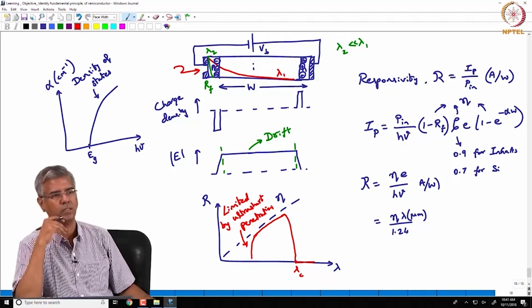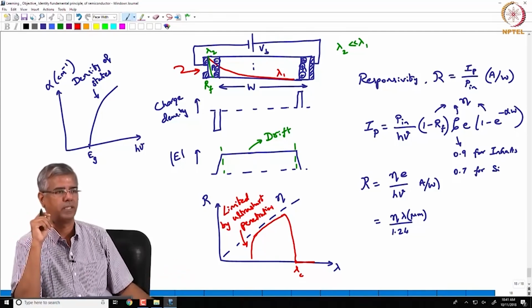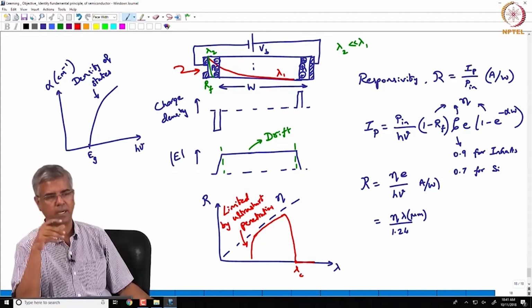So it does not generate a photocurrent in the external circuit. Okay, so then that will be the limitation.